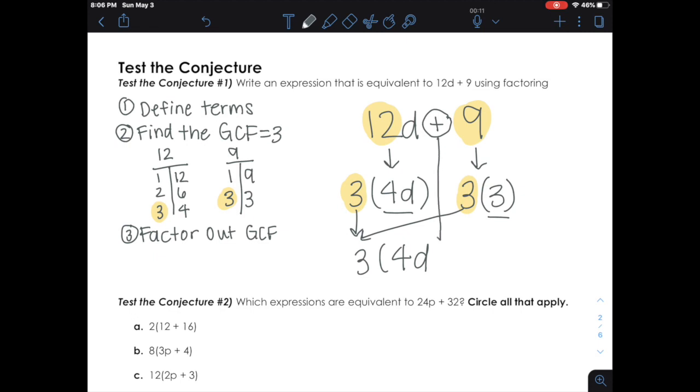So we have 4D, and then all the way at the beginning we had that plus sign, so I got to bring that plus sign down. And then we had left over in the second term, we had 3. Okay? So then step 4 was to rewrite the expression. And finally, we can check with substitution.